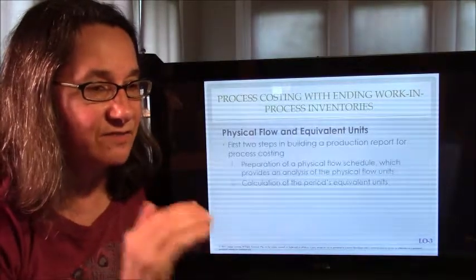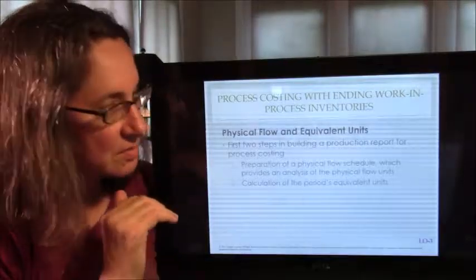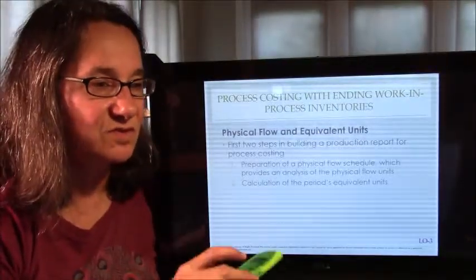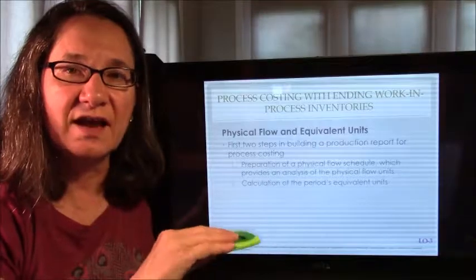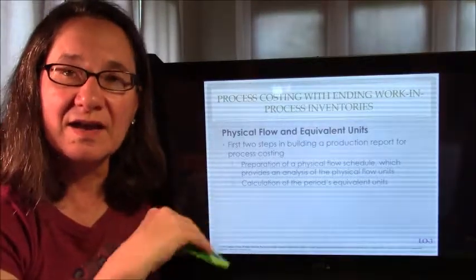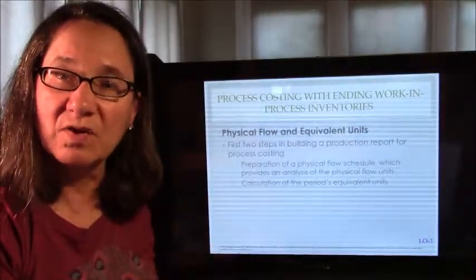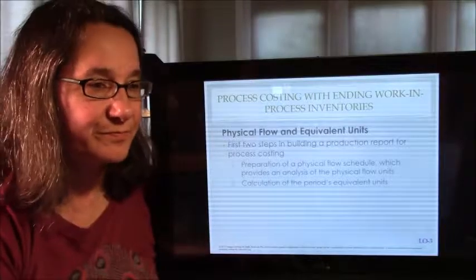All right. So the first 2 steps in building that production report is preparing the physical flow schedule. So you actually say, how many did we have in beginning work in process? How many came in? How many flowed out? How many are left in work in process, right? You get the physical flow.